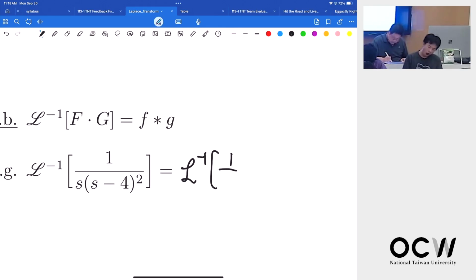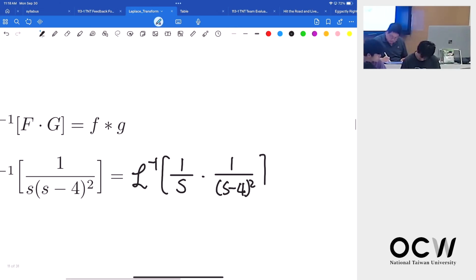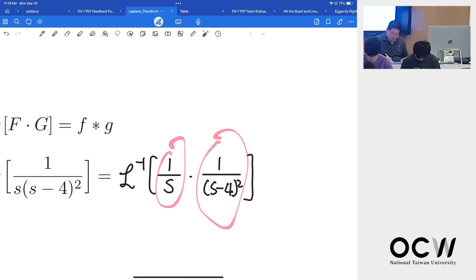This is 1 over s, and the other one is 1 over (s minus 4) perfect square.